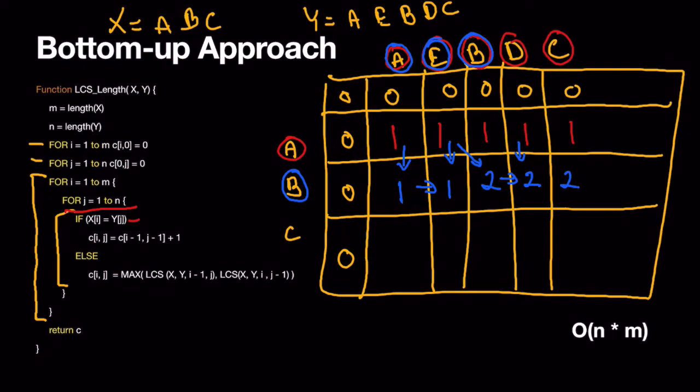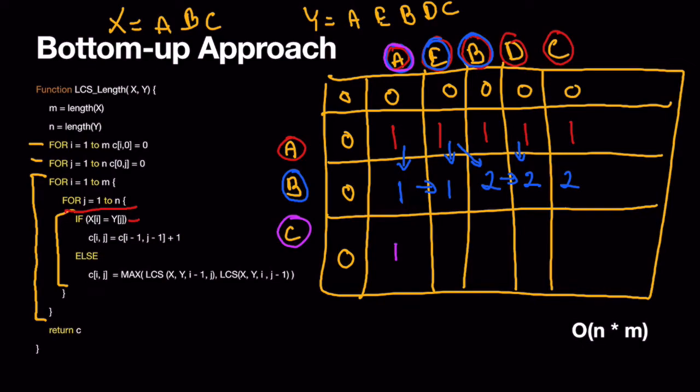Now we're at C comma A. They are not equal. This is 3 comma 1. 2 comma 1 is equal to 1. And 3 comma 0 is equal to 0. So this will be 1.